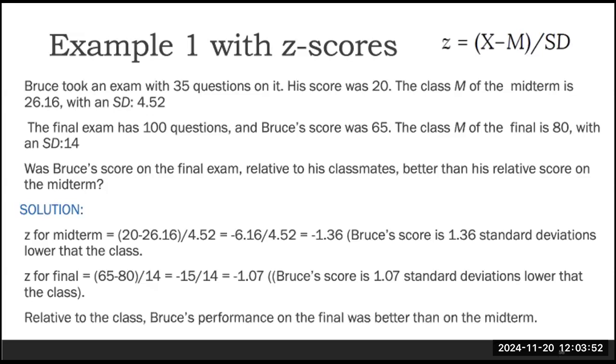So relative to the class, right, Bruce's performance on the final was better than on the midterm. Why? Because 1.07 standard deviations is closer to the class mean than 1.36 standard deviations. Any questions about the Z-score and what the interpretation is?